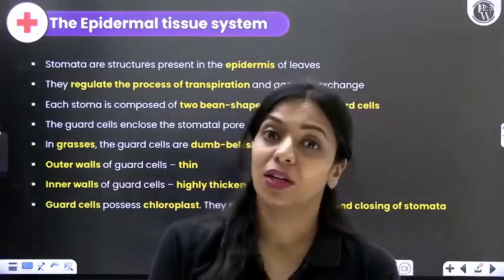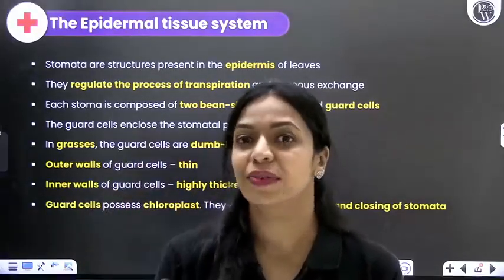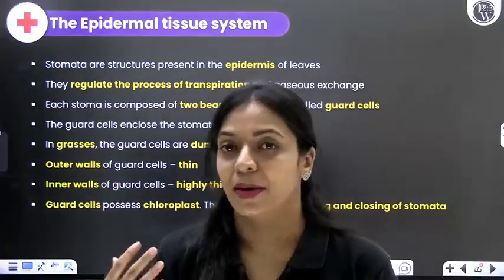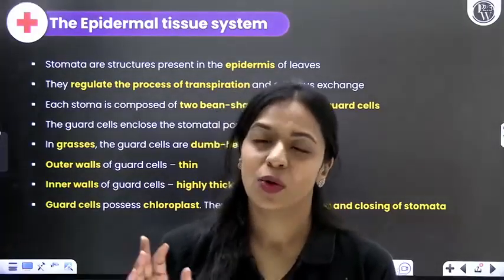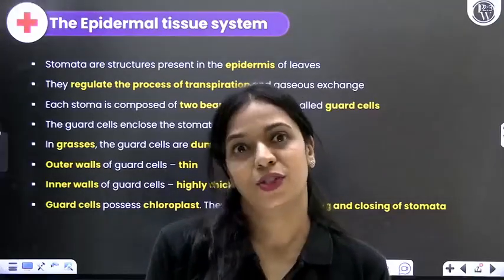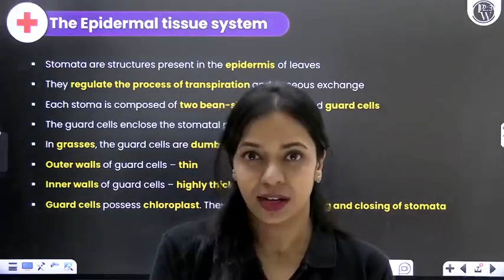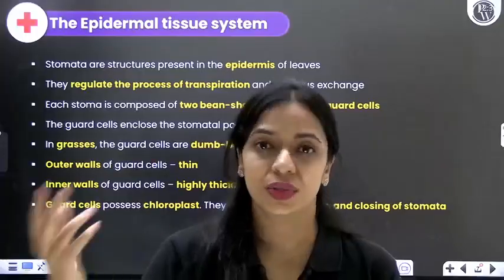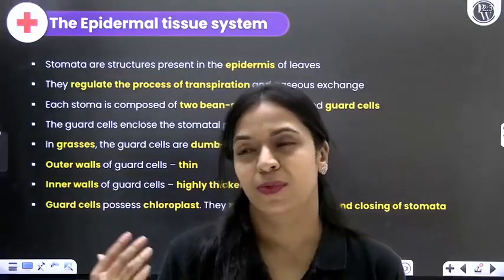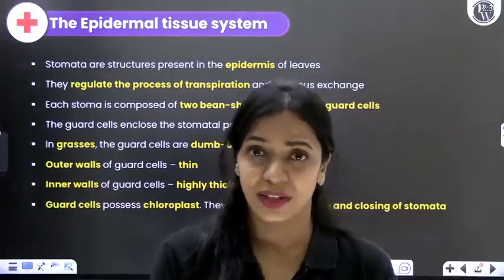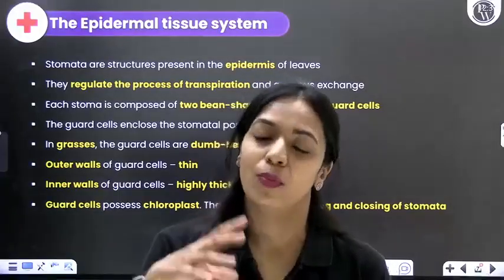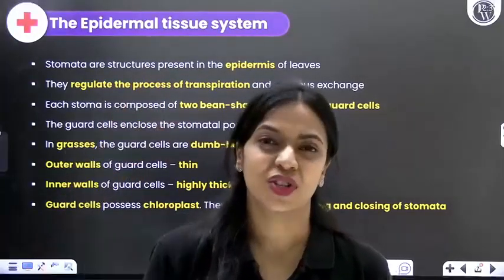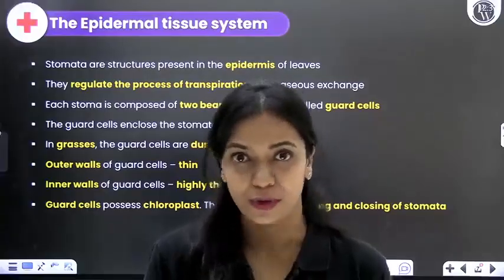So transpiration is important for the plant. But if all the water that the plant is absorbing is getting lost, we do not get sufficient water for photosynthesis at all. The plant will not get food to eat, right? So transpiration has to be balanced. Transpiration should be just enough to pull enough water to the leaves. So sometimes when the humidity is very low, when the temperature is very high, when there's not sufficient water in the soil, more water will be lost as transpiration and the plant will not be getting sufficient water for photosynthesis.